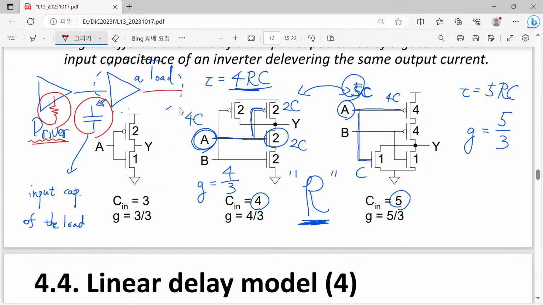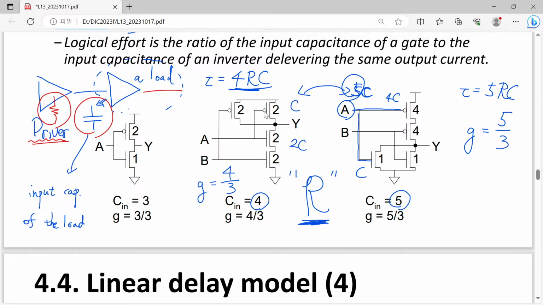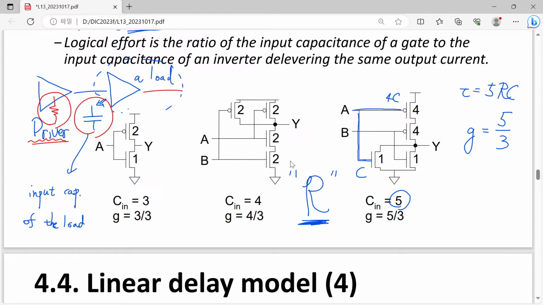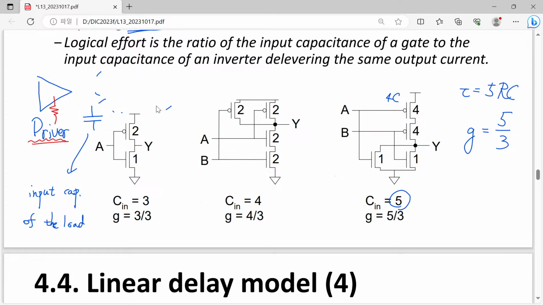So yes, that is a really good question. The condition we are considering is not just a single copy of our 2-input NAND. The situation we are considering right now is not like this. We are considering this case.